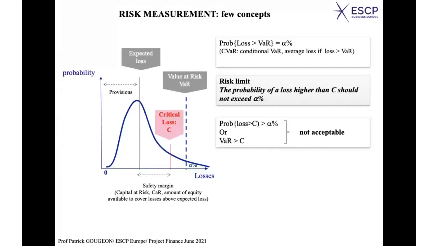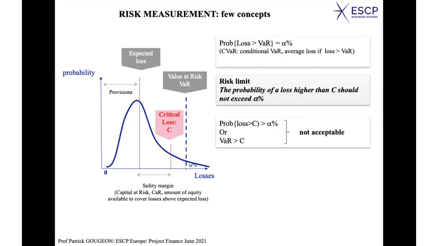Now there is another point to mention and discuss a bit, which is that the value at risk doesn't tell you everything about the potential high losses. It tells you that the probability of being above the value at risk is alpha percent. But how far above can it be? There is no indication about the maximum loss that you can incur.